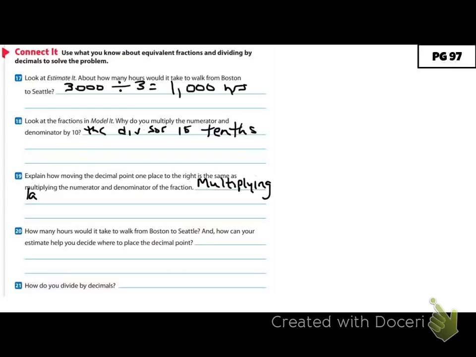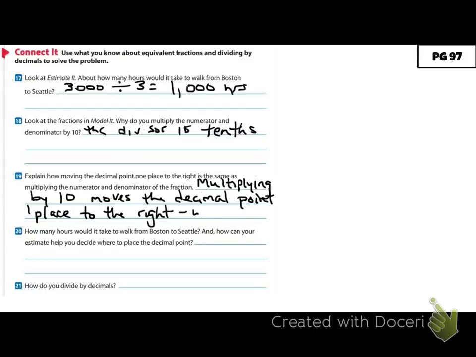Multiplying by ten moves the decimal point one place to the right, which would be the same as multiplying by 10.